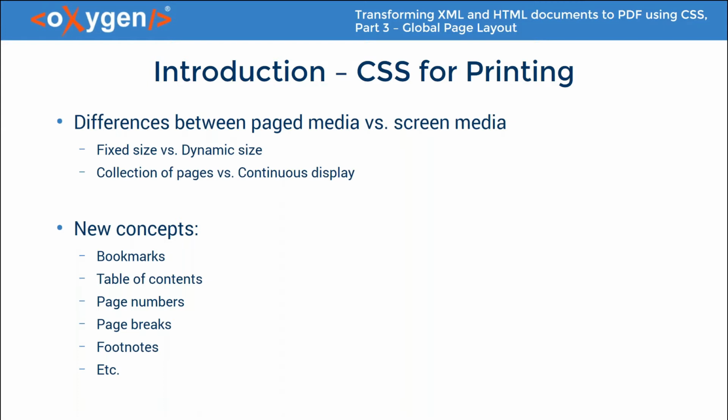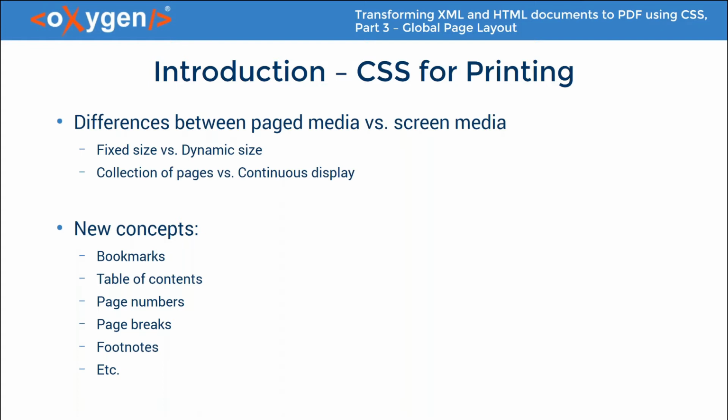As you may conclude by yourself, there are some differences between a page media versus the classic web screen media. The first one is that we have a fixed page size, when a browser will have a dynamic viewport which adapts automatically to the content. The second difference comes from the first point.